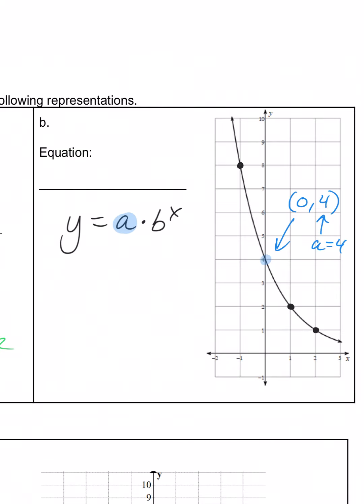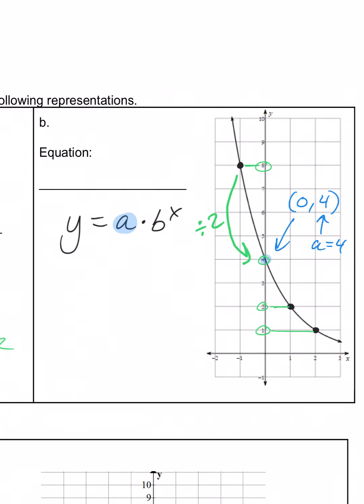For example, these are different points on our exponential. And as you notice, the y value here is 8. The y value here is 4. The y value here is 2. The y value here is 1. If we jump from 8 down to 4, we're dividing by 2.